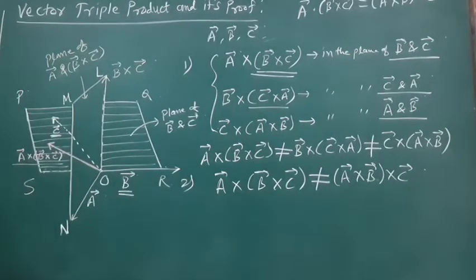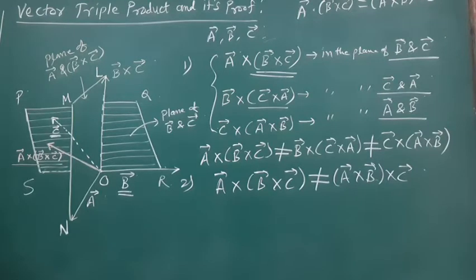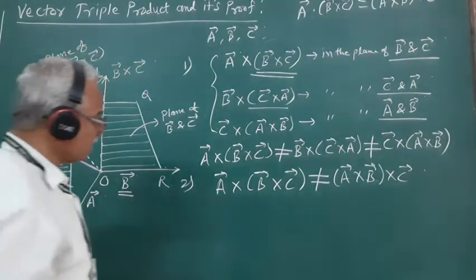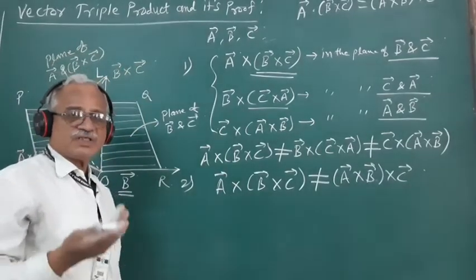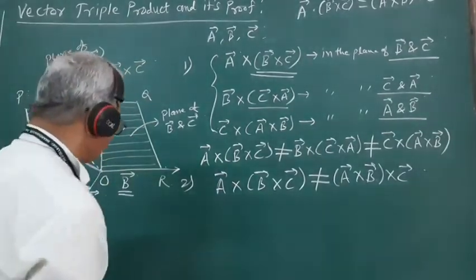So that is the vector triple product and its conclusions. We can express the vector triple product for unit vectors. So in the case of unit vectors, how can we evaluate the vector triple product? Let us see.